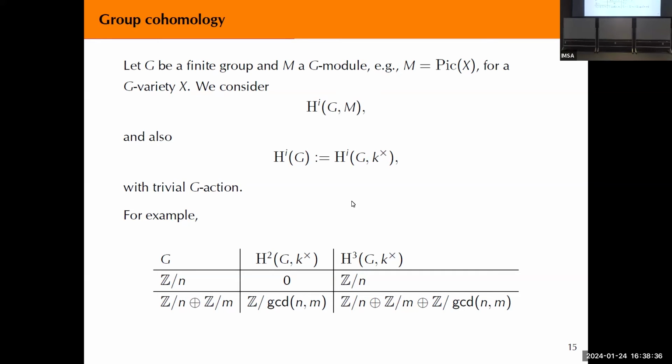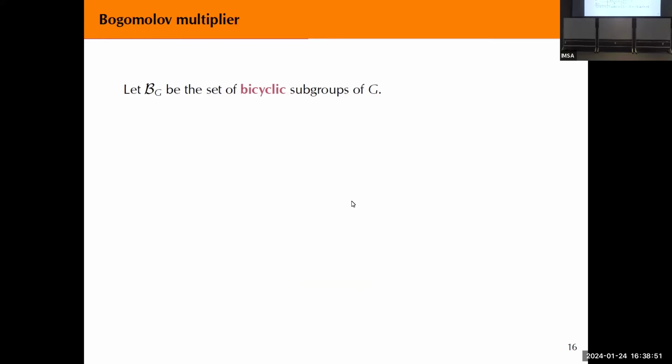So H2, H3, or let's say the group is Zn plus Zm, then you get very explicit groups, and this is well known, of course, to people doing group theory, group cohomology, and so on. Now G is an arbitrary finite group, and you can look at the set of bicyclic subgroups. These are abelian subgroups with two generators. Could be cyclic, but not more than two generators.